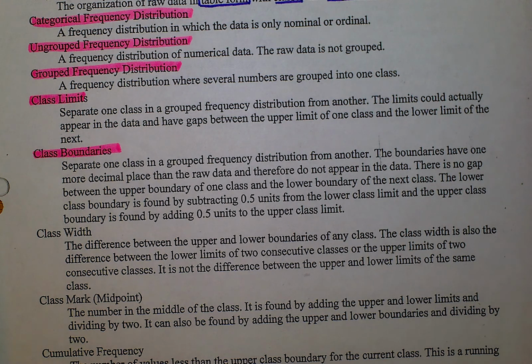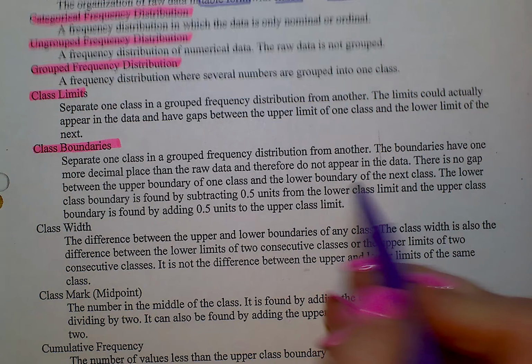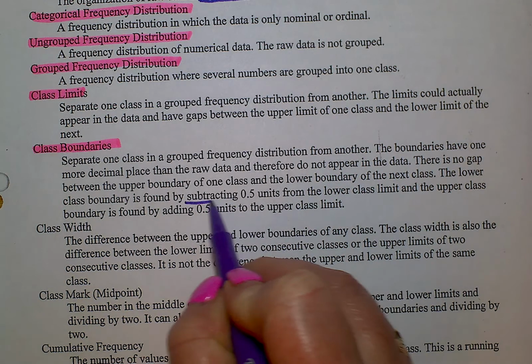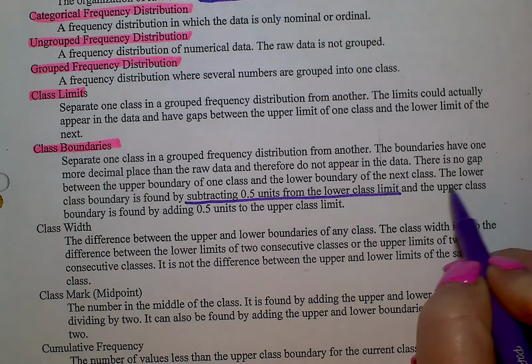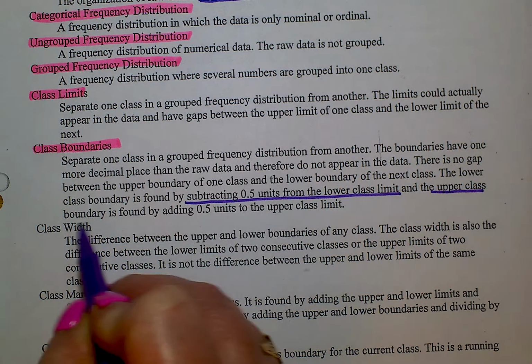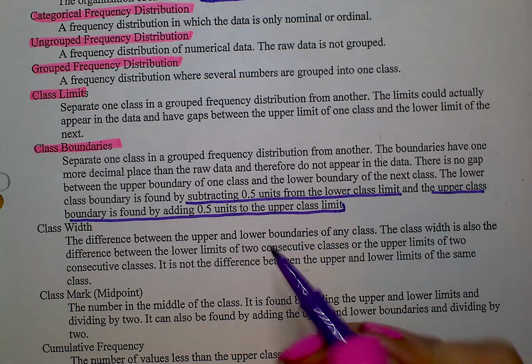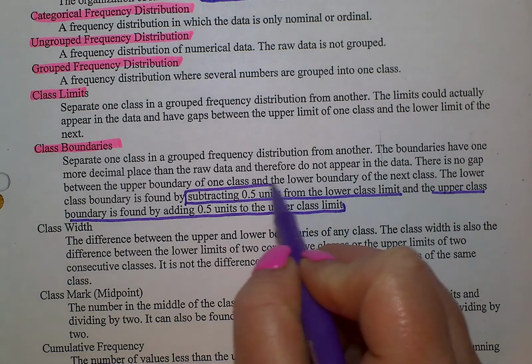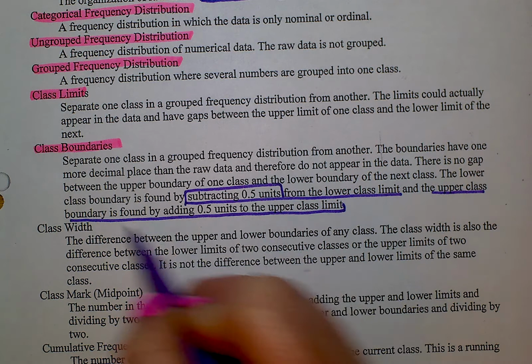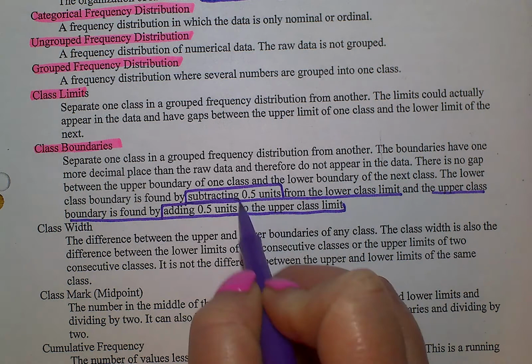There is no gap between the upper boundary of one class and the lower boundary of the next class. The lower class boundary is found by subtracting 0.5 units from the lower class limit, and the upper class boundary is found by adding 0.5 units to the upper class limit. So subtracting, and then you have the adding.